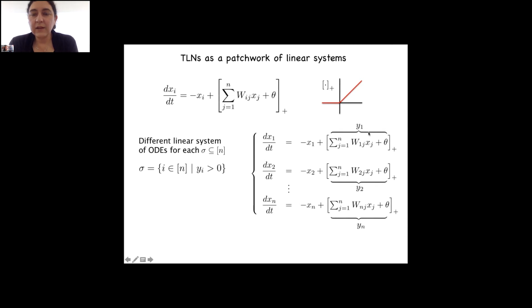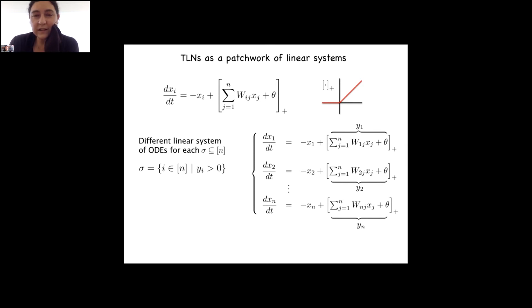And for each neuron, you have one of these hyperplanes. So altogether, they form an arrangement of n hyperplanes in the positive orthant, which is really where we look at them, because the activity is guaranteed to stay non-negative if you start non-negative. And this chops up the positive orthant into these chambers, and inside each chamber you have a linear system.